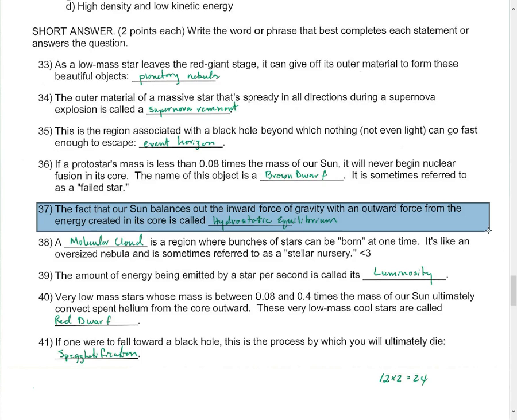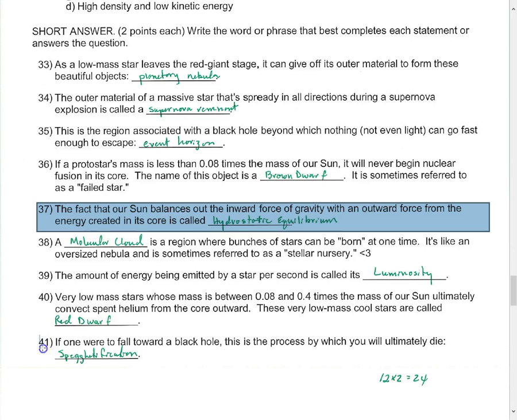Question 39, the amount of energy being emitted by a star per second is called its luminosity. Question 40, very low mass stars whose mass is between 0.08 and 0.4 solar masses convect their helium upward so that they just end their lives as a red dwarf.